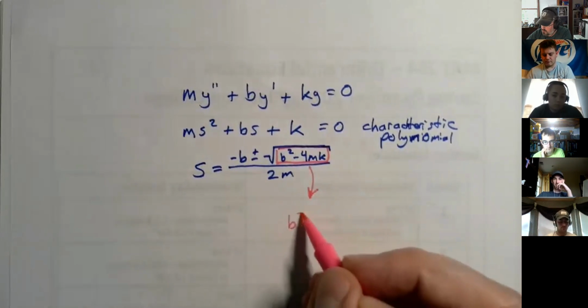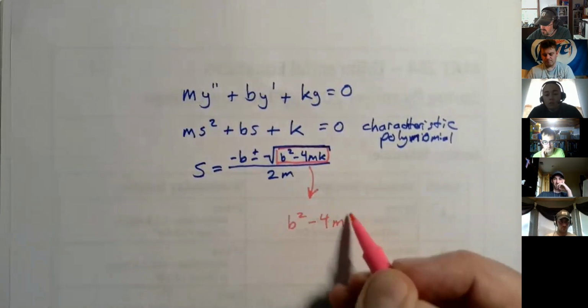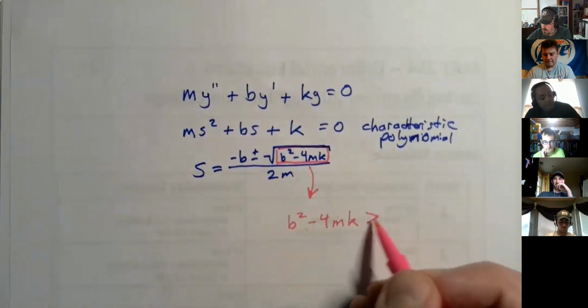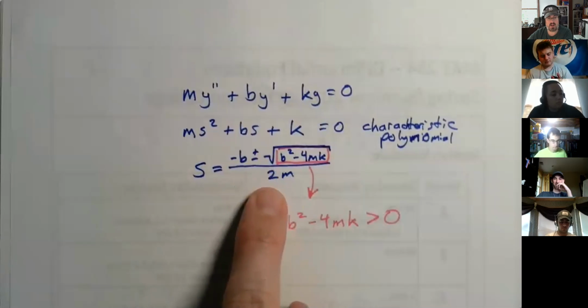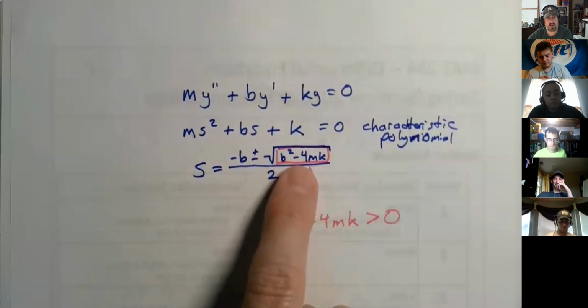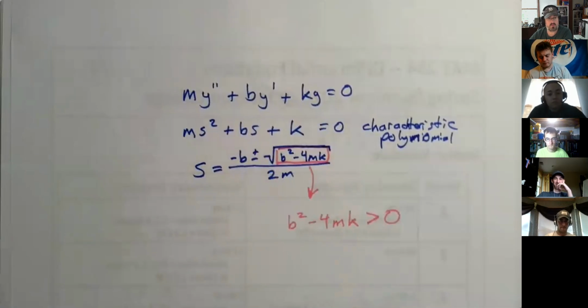And so if b squared minus 4 times m times k is greater than 0, then what kind of solutions are we going to have to our s equation here? If this thing underneath the radical is positive, then what does that mean about our type of solutions? You guys were in algebra class, right?